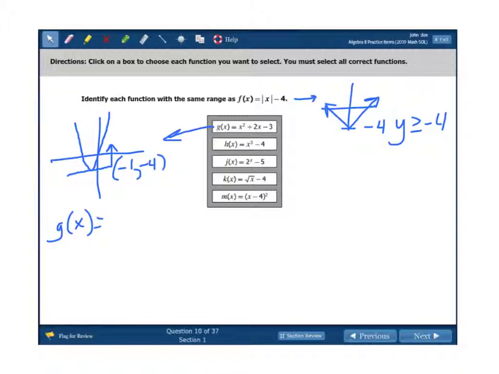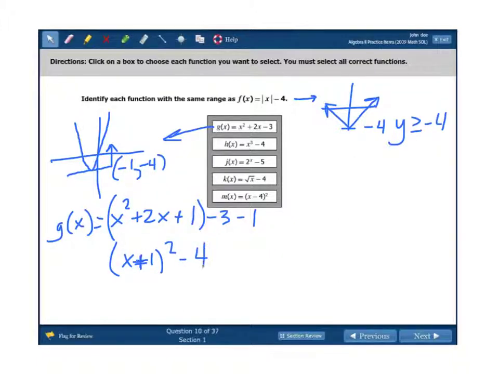Good chance to show that again. We're going to complete the square. You got -3, and you have to even it out with a -1. So this is x plus 1, the quantity squared, and this is -4. And that gives you vertex form. So the vertex is -1, -4.